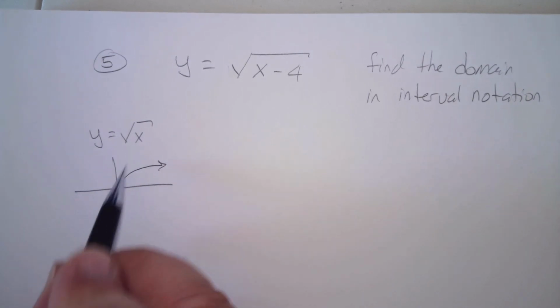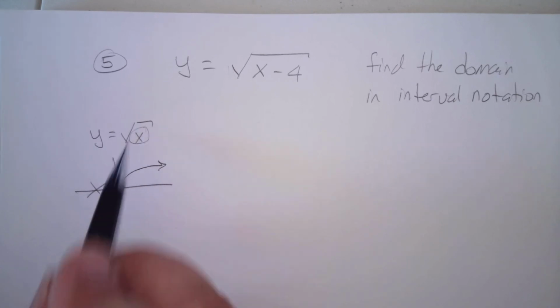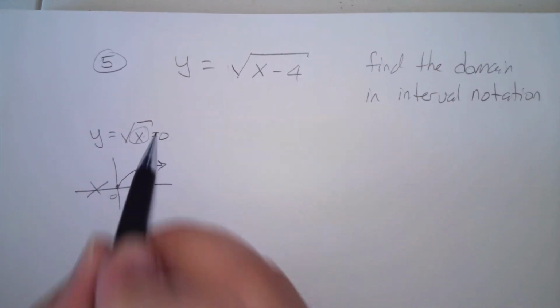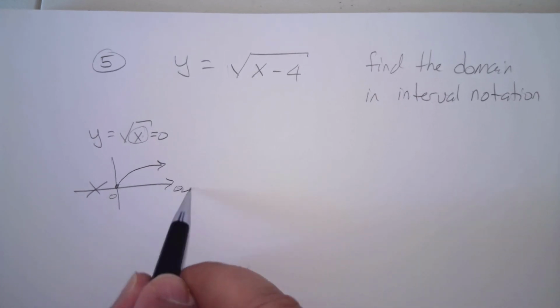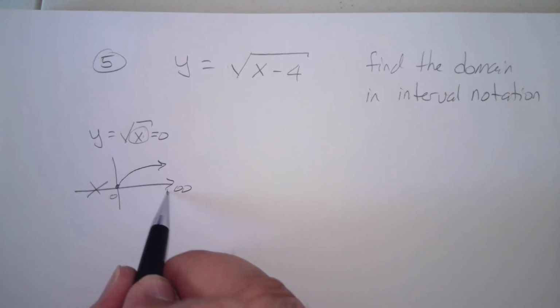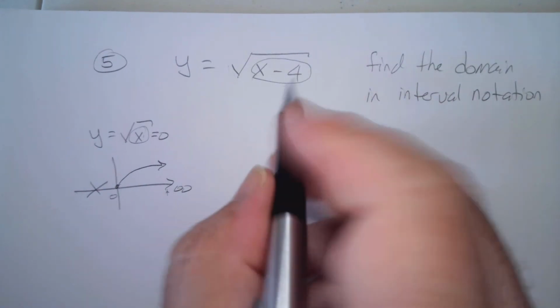Notice what this set tells us: you cannot have any negatives inside there. The smallest you can have is 0. And then it goes to positive infinity.